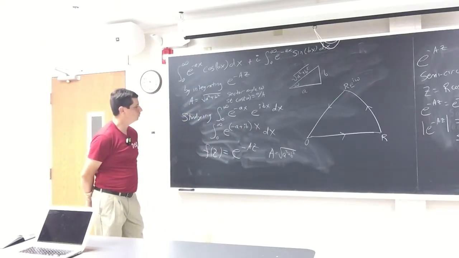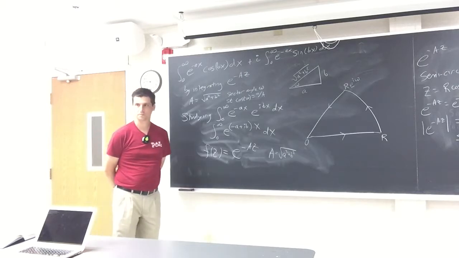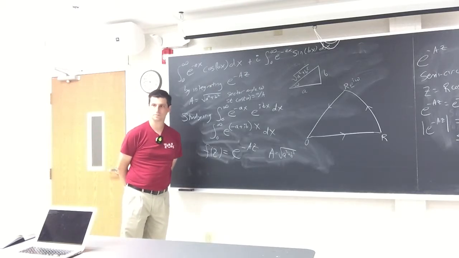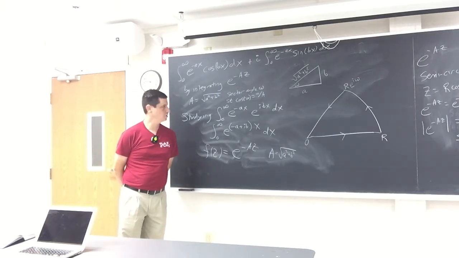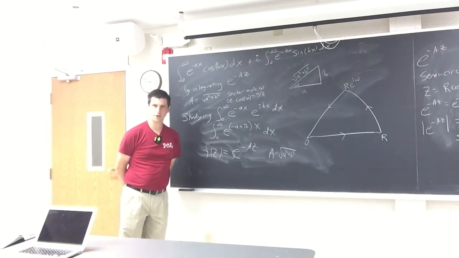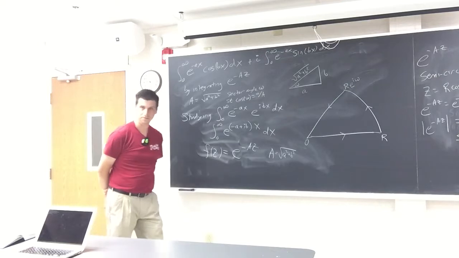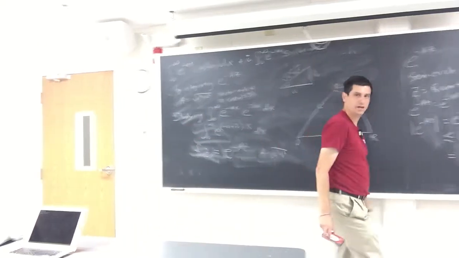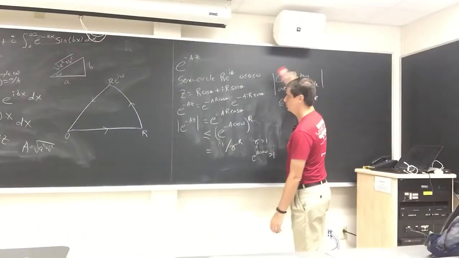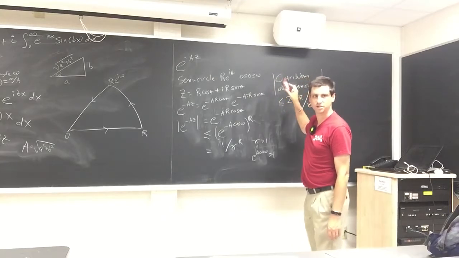Are there any poles of this function? This function has no poles, right? So by Cauchy, it's got to integrate to 0. All right, so let's see what happens. So are we all okay with the semicircular part?